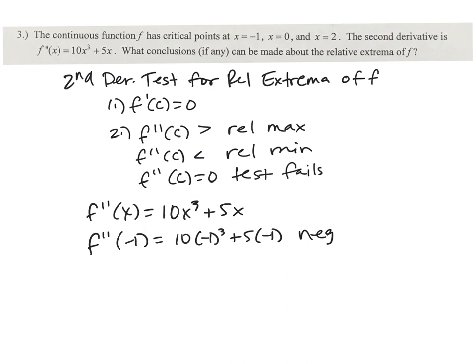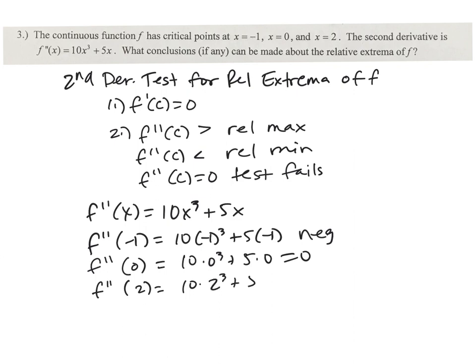F double prime of, let's see, what's the next one? 0 would give us 10 times 0 cubed plus 5 times 0. That's equal to 0. And then f double prime of 2 would be 10 times 2 cubed plus 5 times 2. I know that that's going to be a positive number.